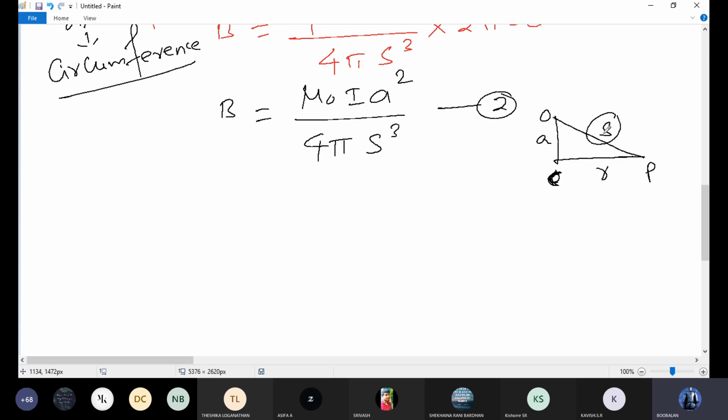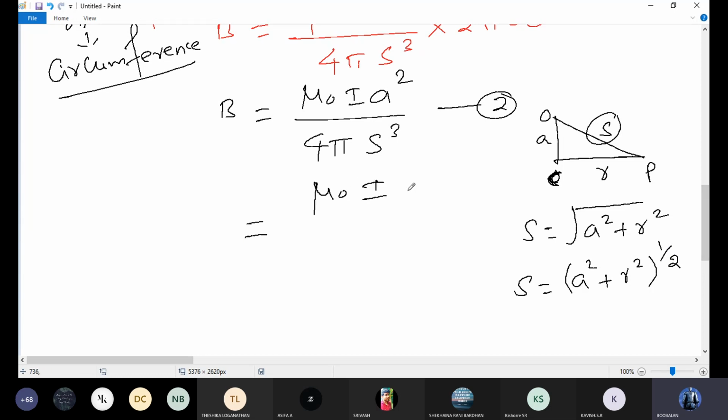So I need the value of S. Using Pythagoras, S equals root of A square plus R square. So I am writing S equals A square plus R square power 1 by 2.